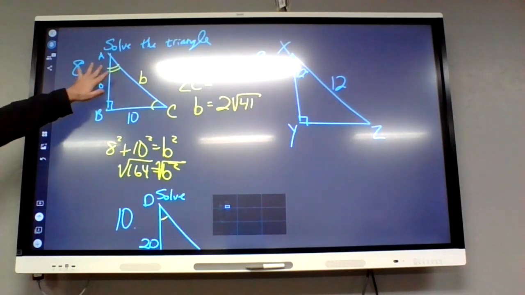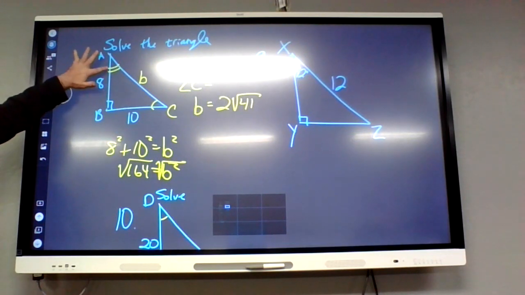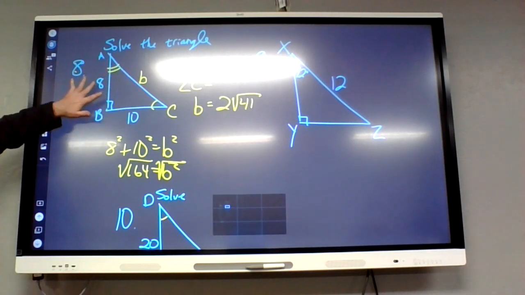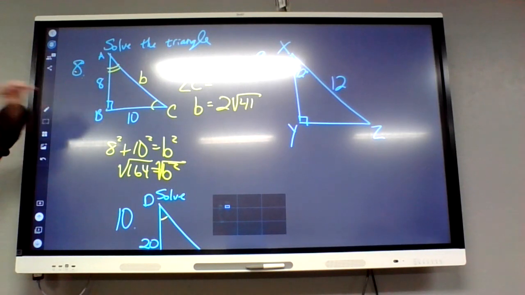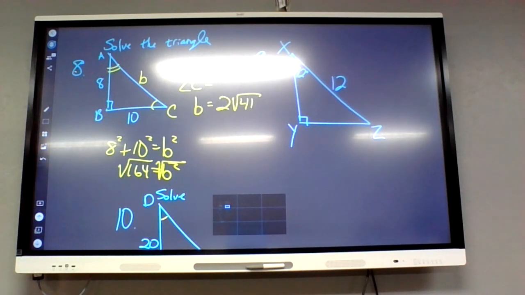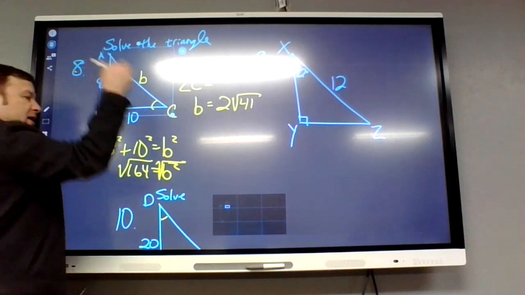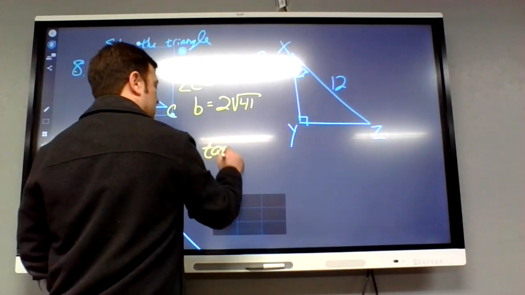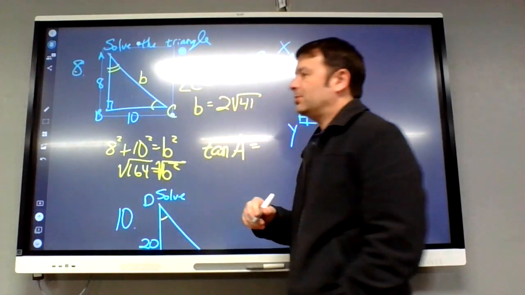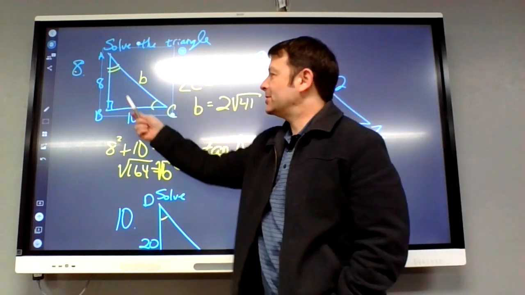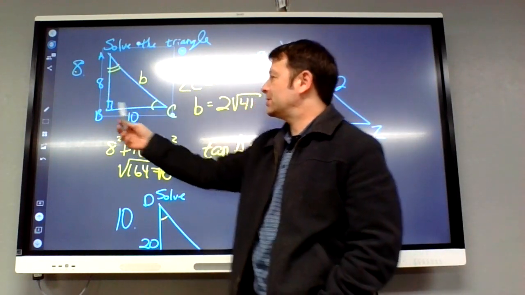In this case, I'm looking for angle A. Relative to angle A, what two sides do I have here? Opposite and adjacent. Which trig function uses opposite and adjacent? Tangent. So tangent of angle A should equal opposite 10 over adjacent A.